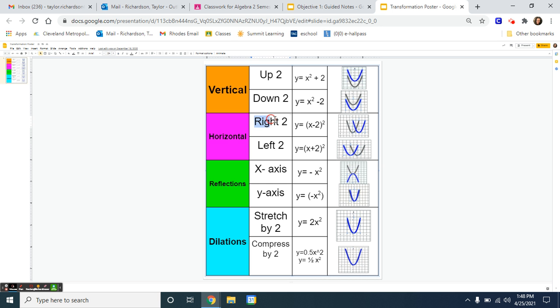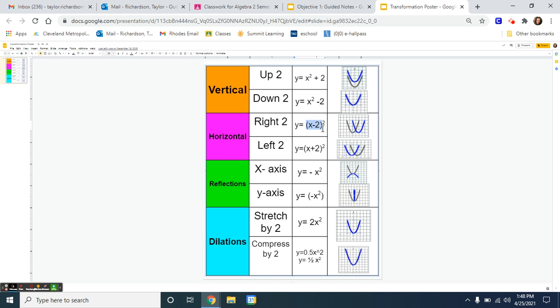So when you move right 2, look how our equation looks. It's y equals, like always, parentheses and x minus 2. Now, we're going to be talking only about quadratics, which are parabolas, so that's why everything's going to be squared. But the main thing I want you to see is how does the transformation right 2 look?